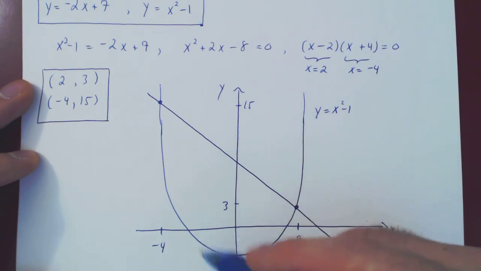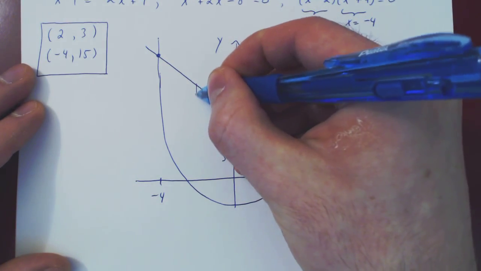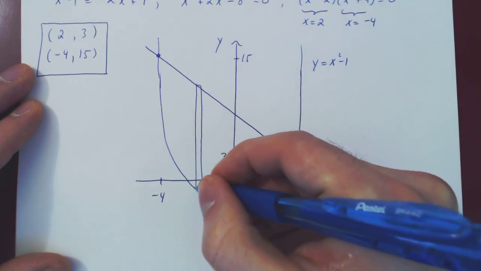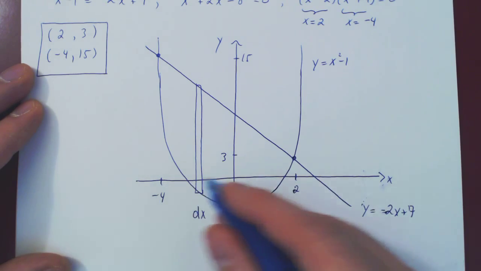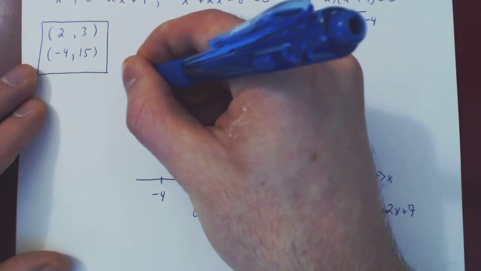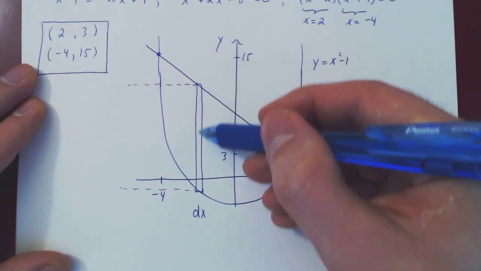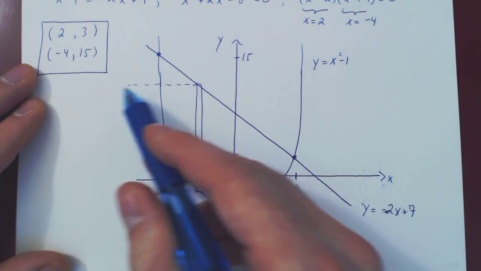And now you can find the area of this region, of course, quite easily by setting up now vertical rectangles. The width is dx, small change along the x-axis. The height of the rectangle, well, now the height is a segment along the y-axis, so we need a bigger y value here.